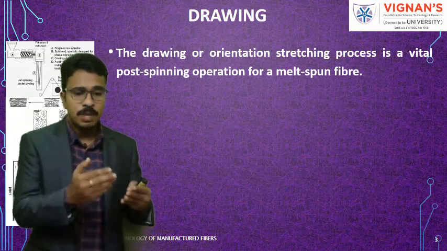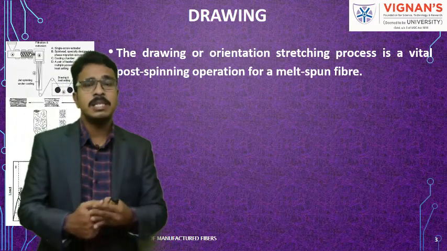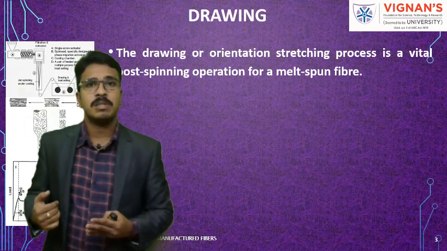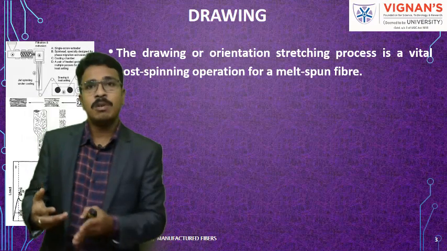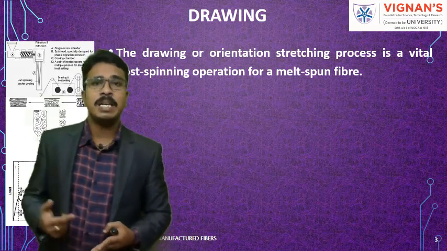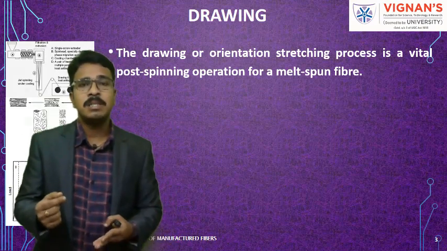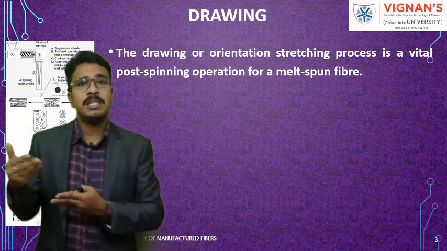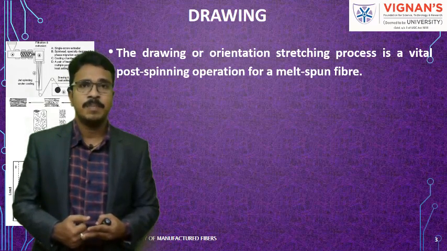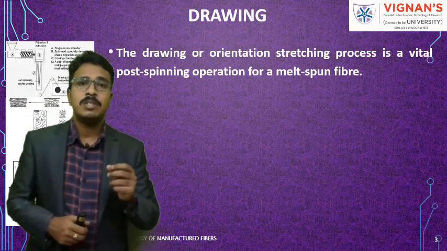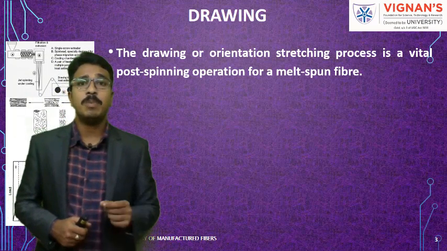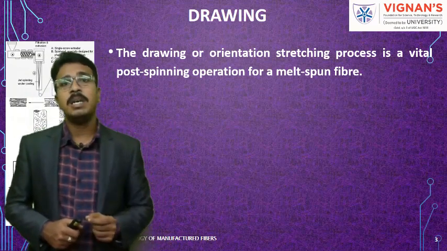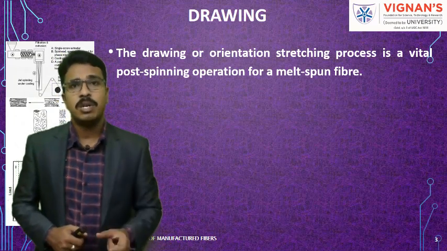The filaments we have produced, after coming out from the quenching chamber, are subjected to this drawing process. Without drawing, the filament does not meet the end use applications. So drawing is a very important post spinning operation, and it has to be done at the required draw ratios.